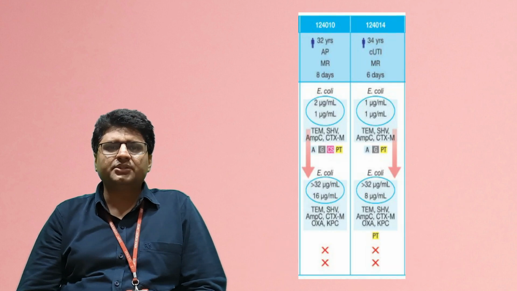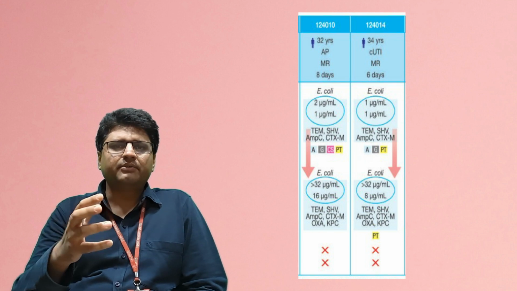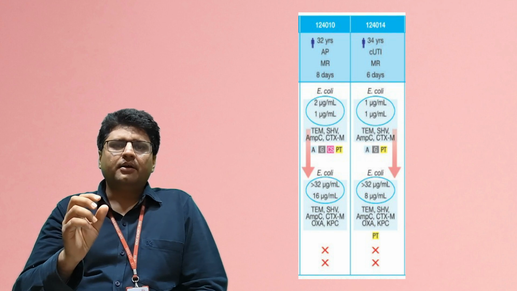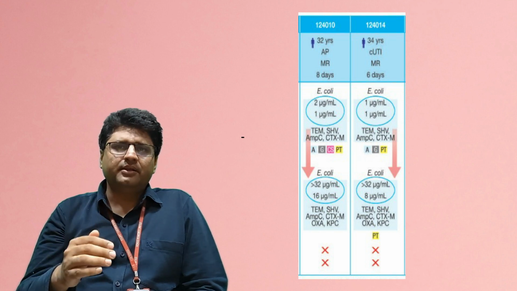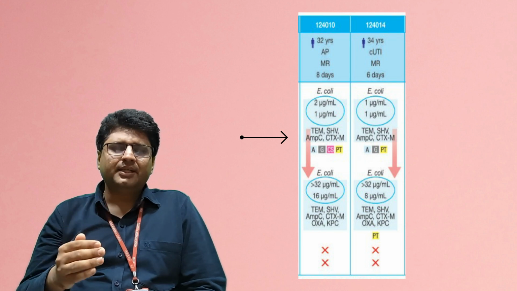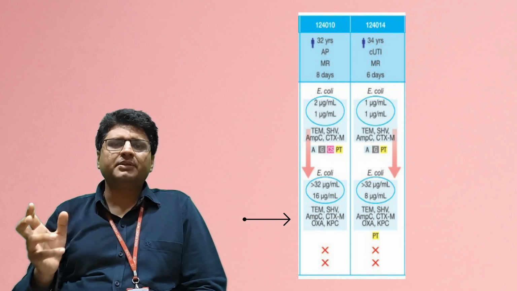Here we can see the patient who failed the meropenem therapy and who was infected with acute pyelonephritis. Initially at baseline, the gene profile included TEM, SHV, MC and CTXM, but at TOC, OXA and KPC.